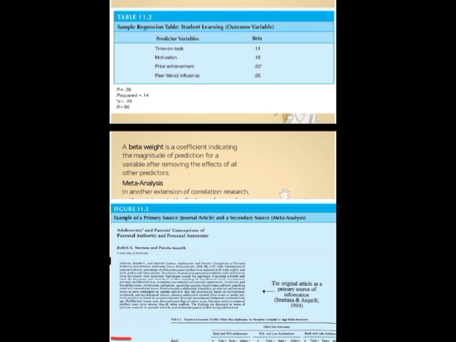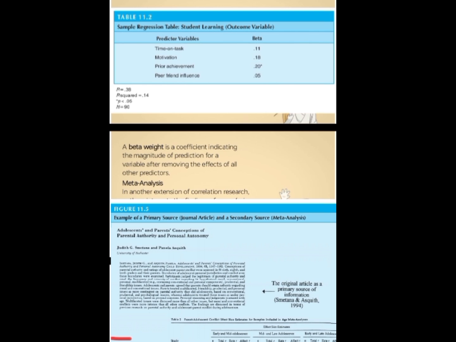In the top section, we see the first page of a primary source research report, an investigation by Smetana and Asquith, 1994. They examined the types of parent authority and ratings of adolescent-parent conflict for 68 6th, 8th, and 10th graders and their parents.